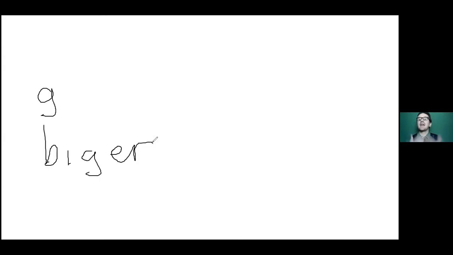Even though you just add ER, you need to double the G. So if it finishes with a G, put another G. So big, bigger. This is something that you guys have to do. So when we spell it, if it finishes with a G, put G again. So these are different ways of spelling. So it's not for speaking, it is for spelling.